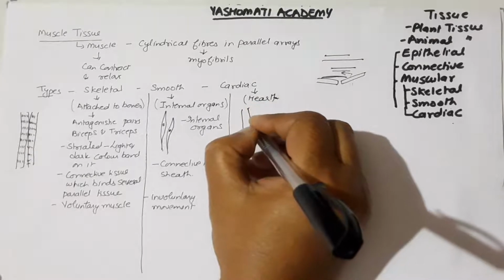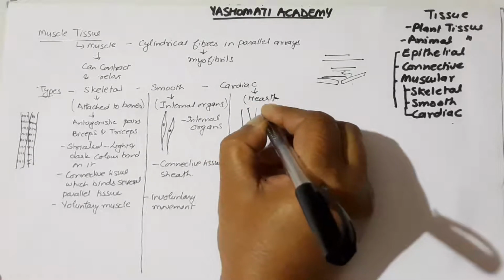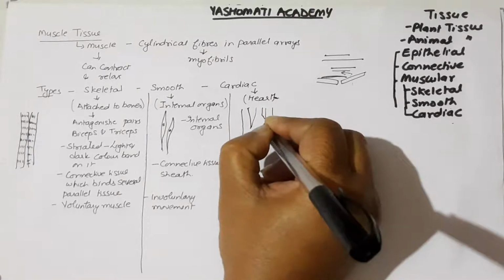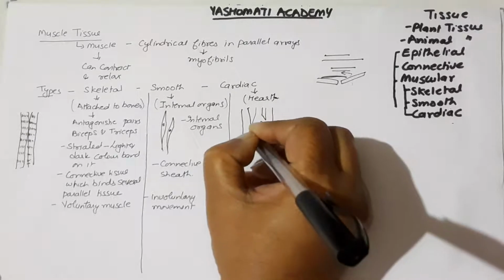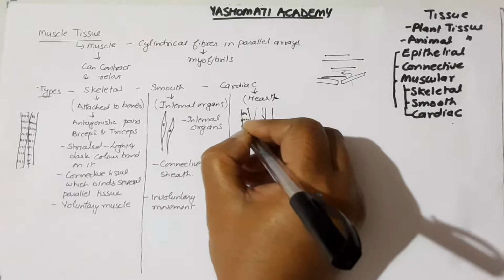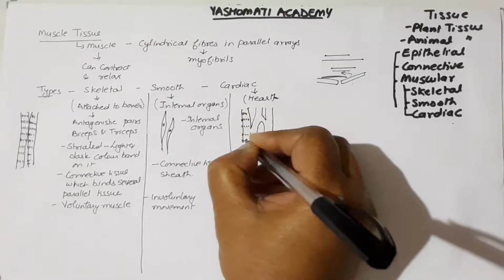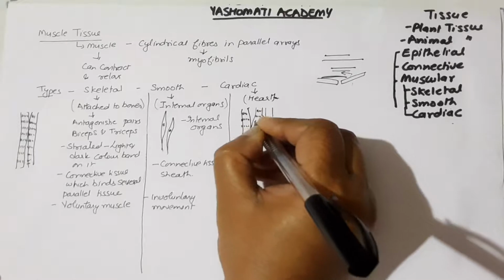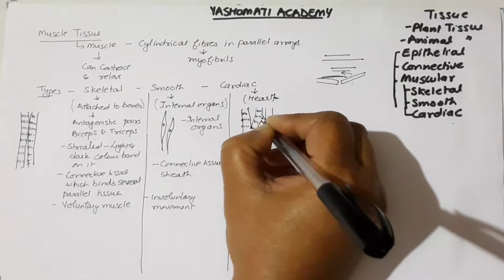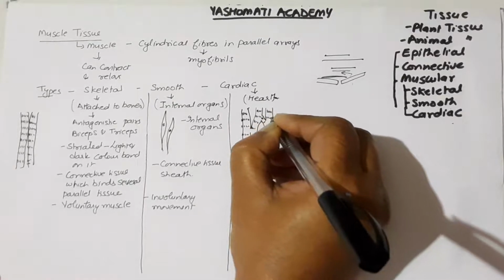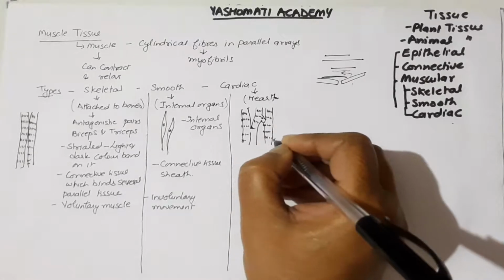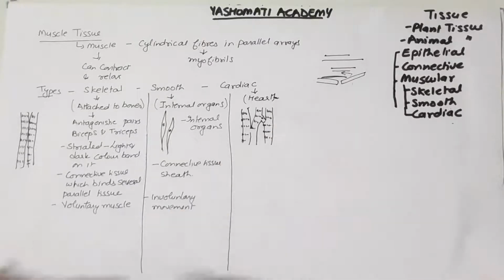Like skeletal muscle, it has striations on it, so it looks like striated muscle, with stripes on it. But just like smooth muscles, it is not under the control of the individual.